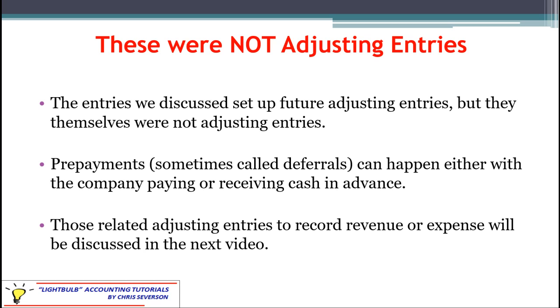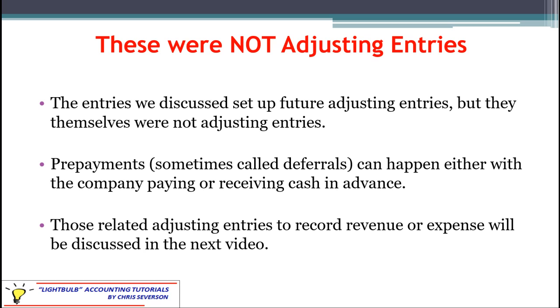If it's an actual cash payment or an actual cash receipt that you're now dealing with, that's not an adjusting entry, but there will be a later adjusting entry or possibly an earlier adjusting entry related to this cash payment. That'll make a little bit more sense when we get to the next video.